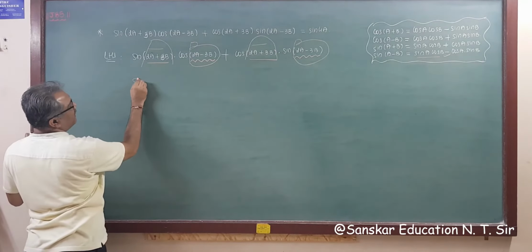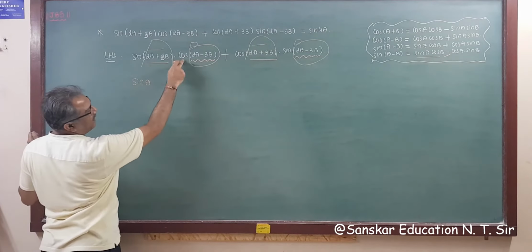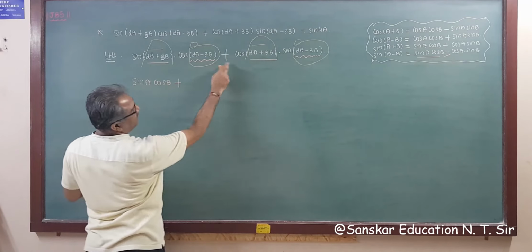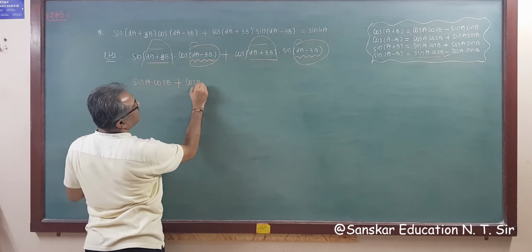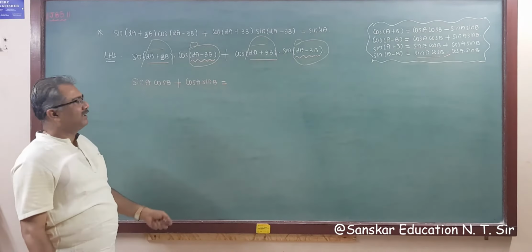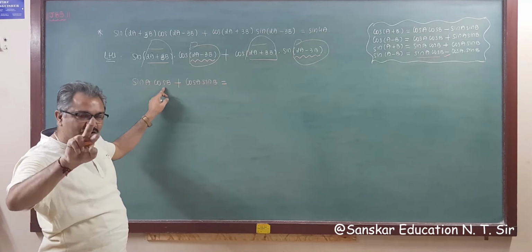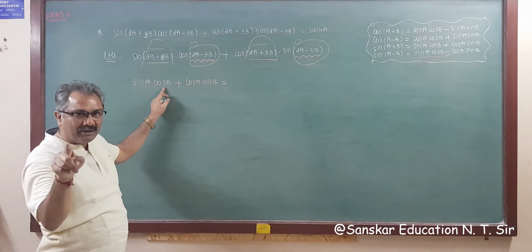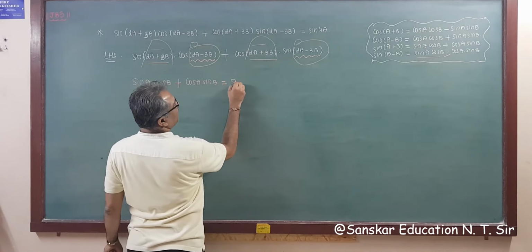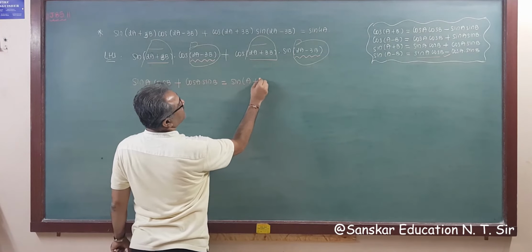Sin a cos b plus cos a sin b. Sin cos alternate means the sin formula, plus, then the answer is plus, so the answer will be sin of a plus b.